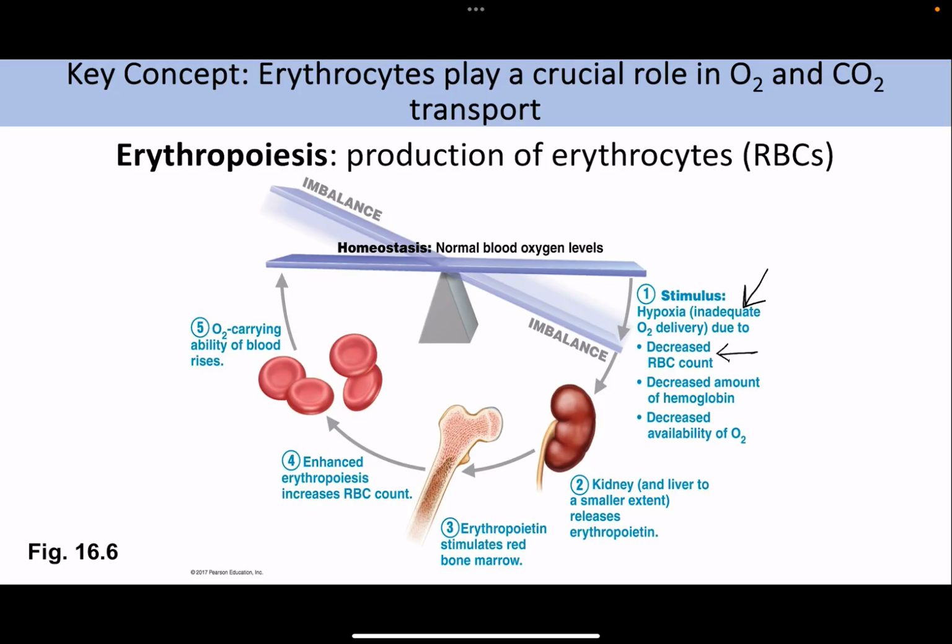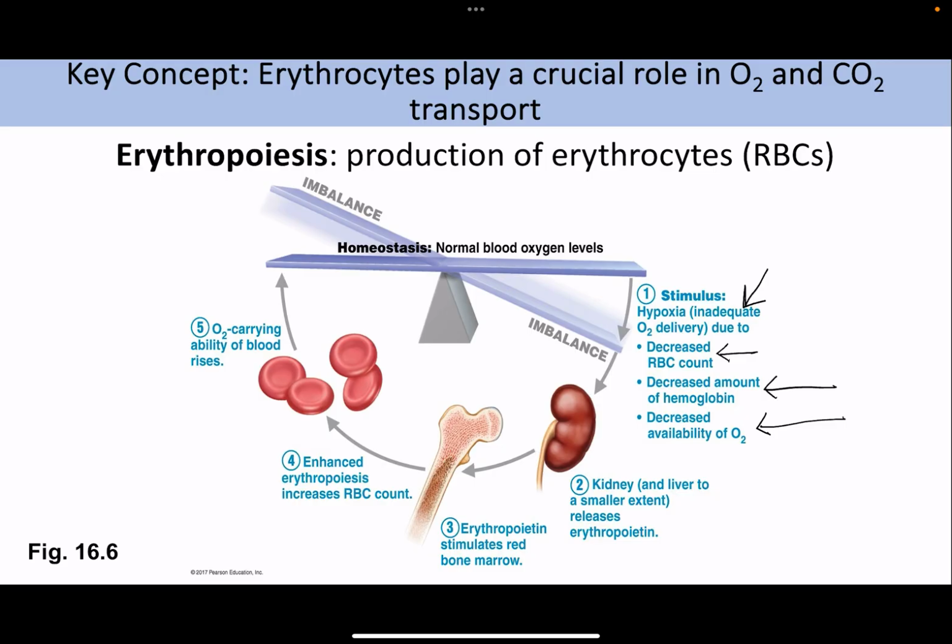So if you have less red blood cells, you have less hemoglobin, and you're carrying less oxygen. Maybe you have a decreased amount of hemoglobin. So less hemoglobin means less oxygen. Or you may just have decreased availability of oxygen. We'll talk about what happens when you live in higher elevations and don't have as much access to oxygen.